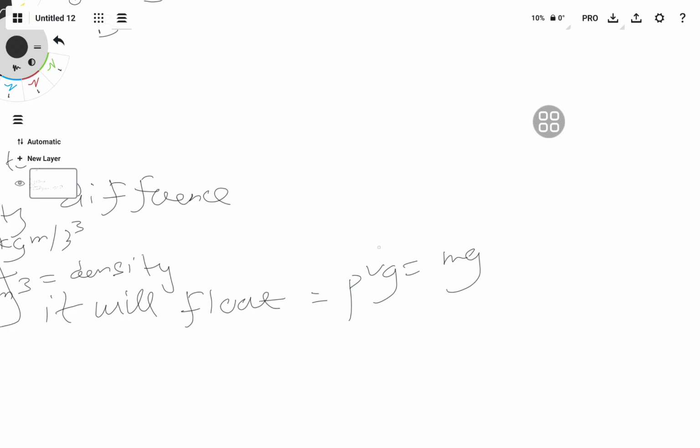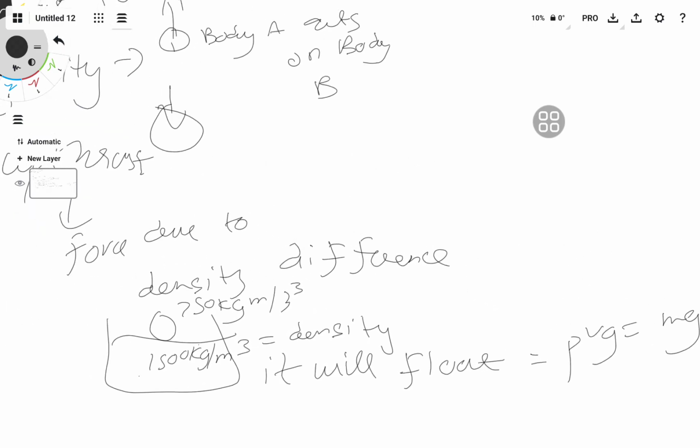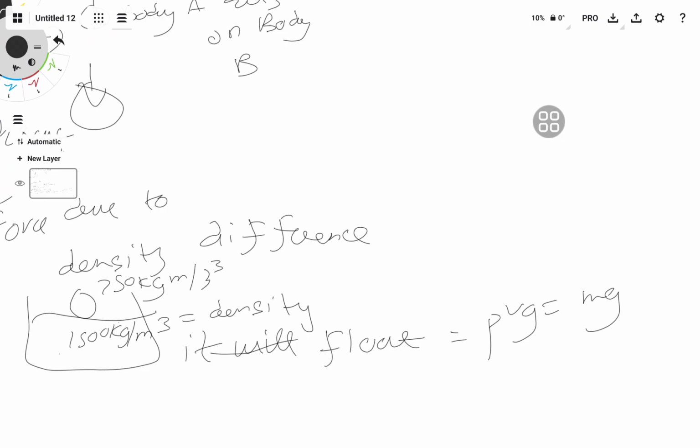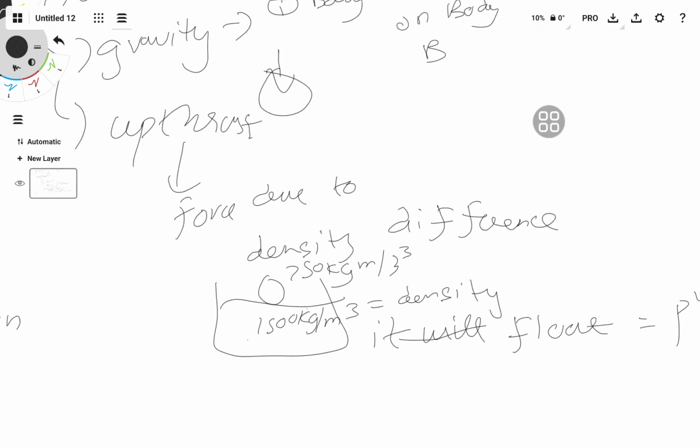If you multiply density by volume, we get mass, and gravitational field strength is just g. So this will give the amount of force that acts on the body.